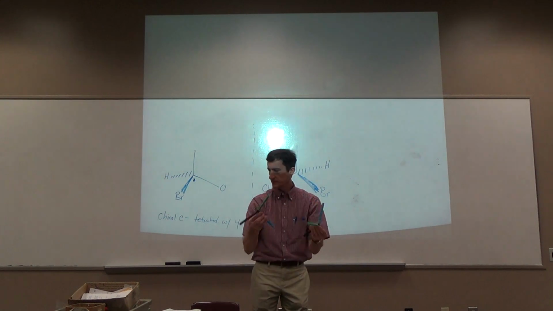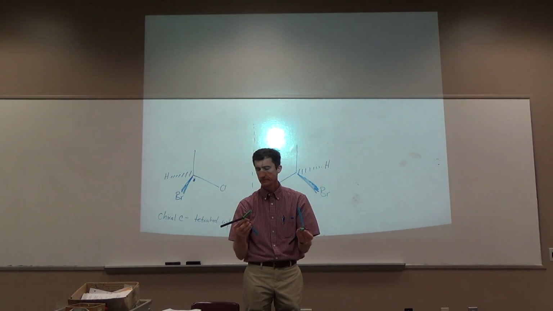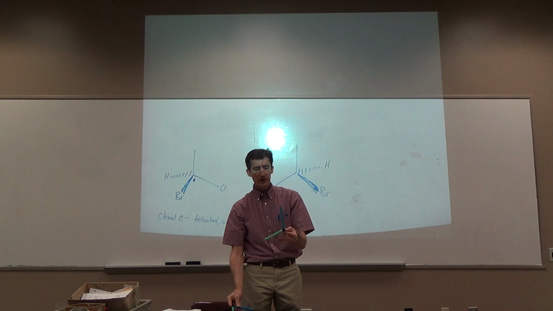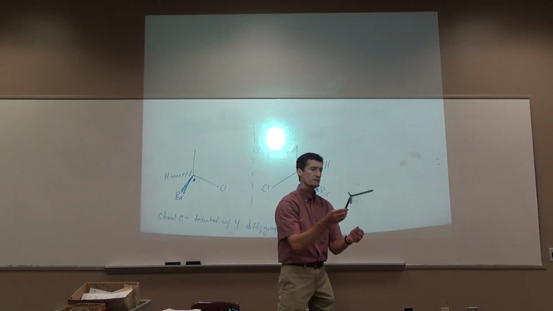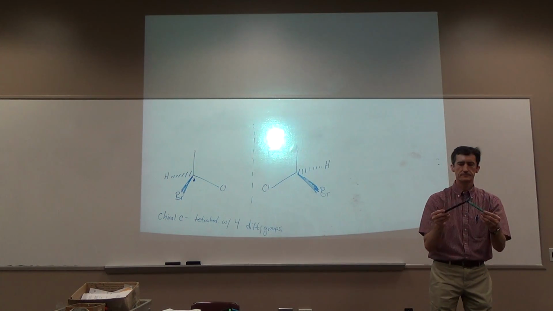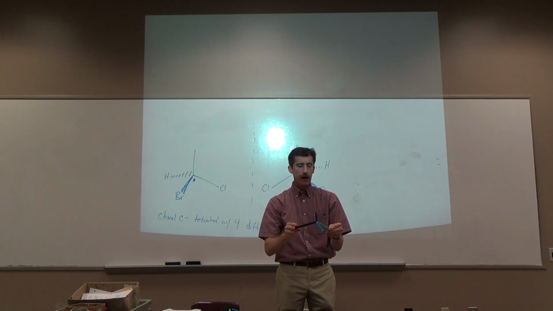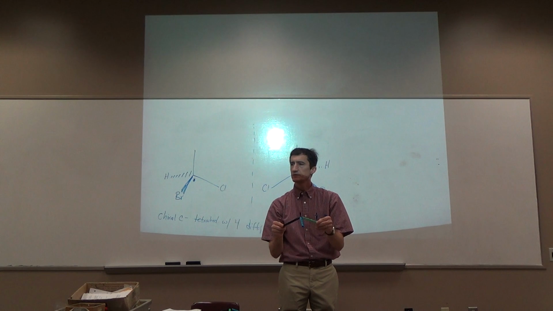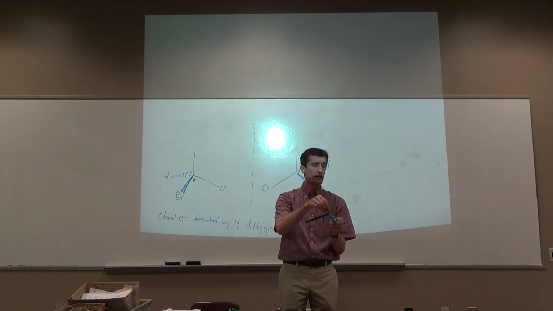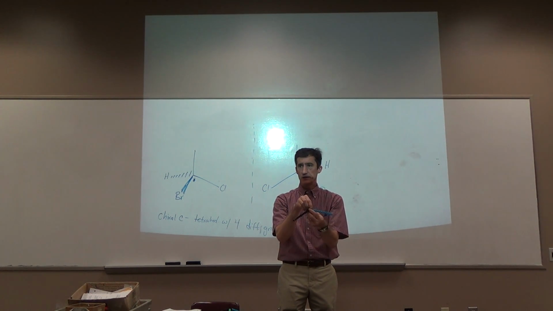Why are these chiral? The reason it's chiral is because the molecule itself has no plane of symmetry. And the reason the molecule itself has no plane of symmetry is because at this carbon, there's 4 different groups attached.